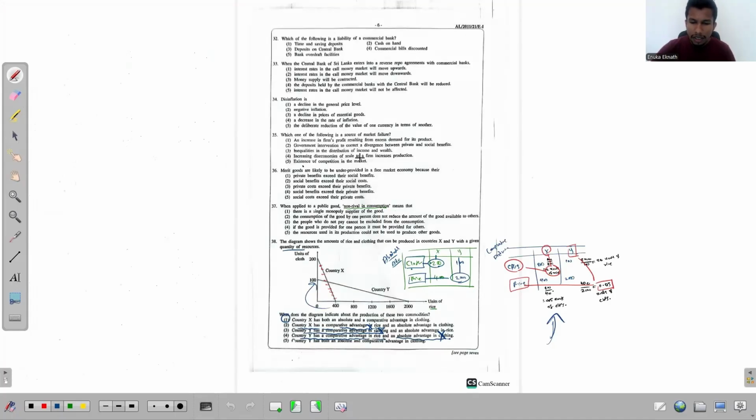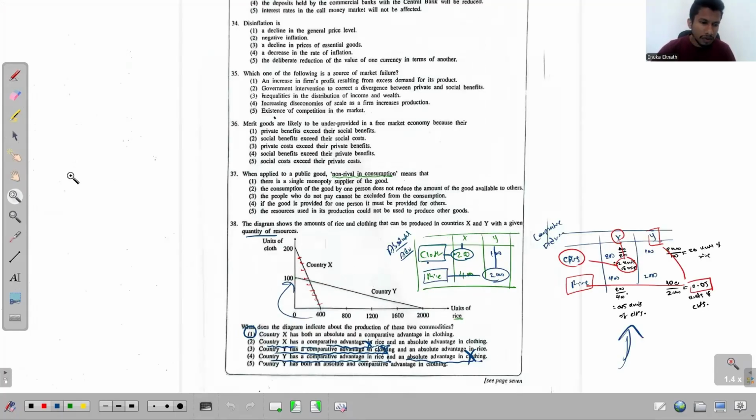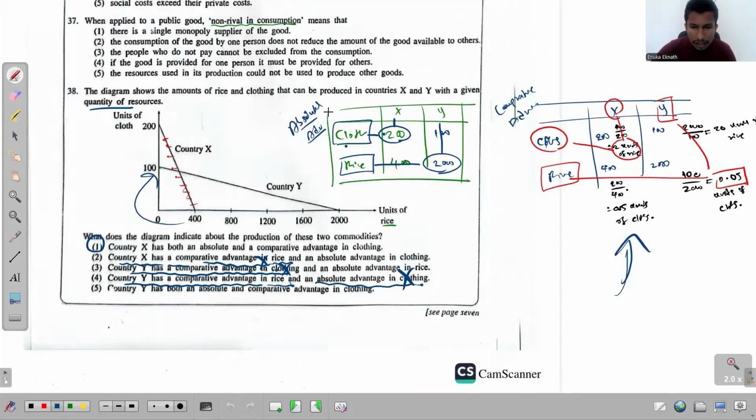And you just try to tell me the difference between this table we have here in this question 38 in the 2011 paper and the table that you have in the 2012 paper. What's the difference? Look at the main part of this question. This is 2011 MCQ, right? It says the diagram shows the amount of rice and clothing that can be produced in countries X and Y with a given quantity of resources.